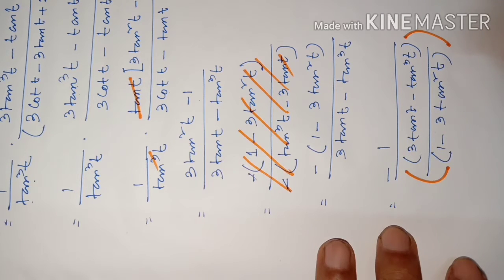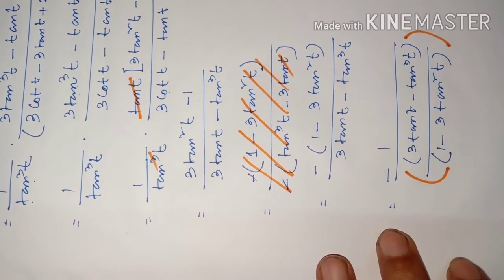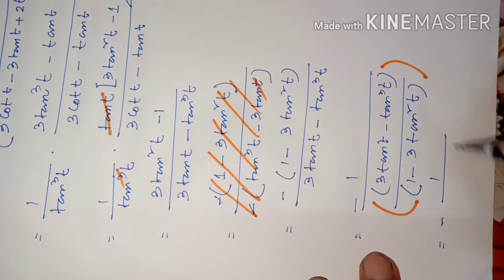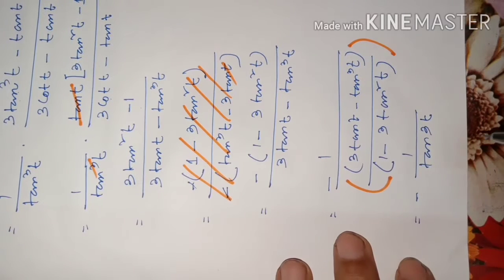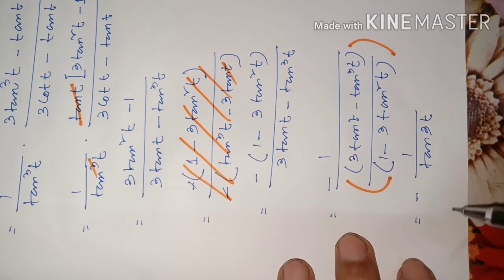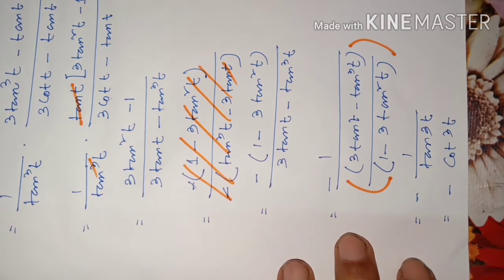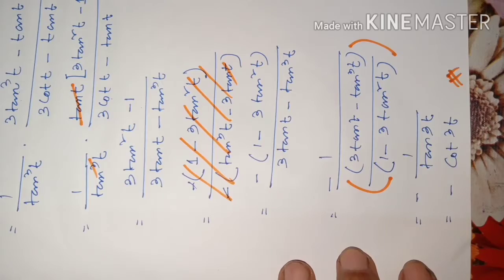You remember one identity you got, tan 3 theta. So it can be written as minus 1 by tan 3t, and 1 by tan 3t is equal to cot 3t. So minus cot 3t. So this is our final answer. Okay, dear students, this is the correct answer.